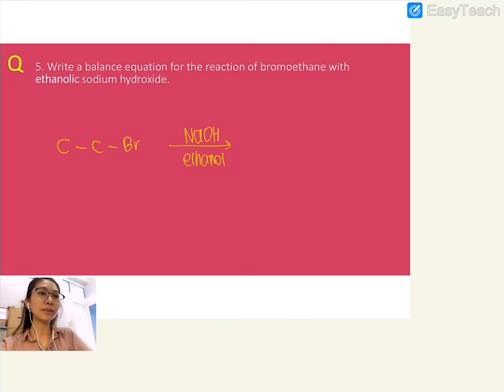Then what will be our product? Because the condition is in ethanol, we will follow the elimination reaction, forming the alkene as our product. And also the Na will combine with the Br, forming NaBr, and one hydrogen is lost, which with the OH minus will become H2O.